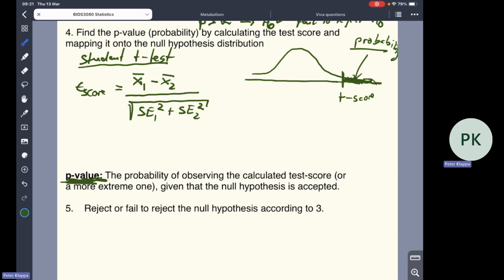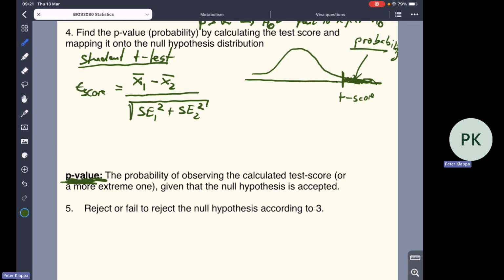This is the equation that you have here. And please never, ever use this equation. I'm just putting it up here because you need to know about it, but don't use it. This is the equation for the classic t-test.